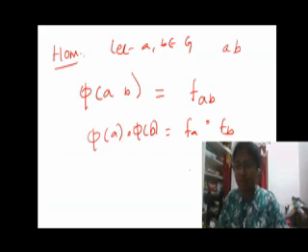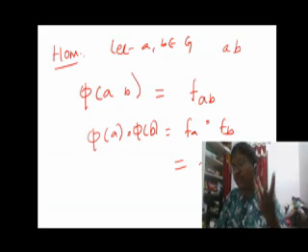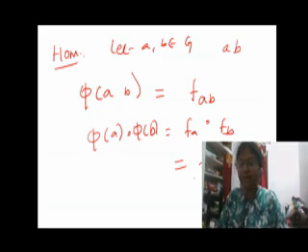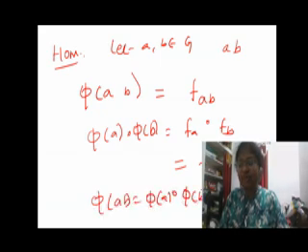While proving the closure property, we actually proved FA composition FB is equal to FAB. So phi of AB is equal to phi of A composition phi of B. So we proved the homomorphism condition also. Altogether phi is an isomorphism, and that means G is isomorphic to G dash.